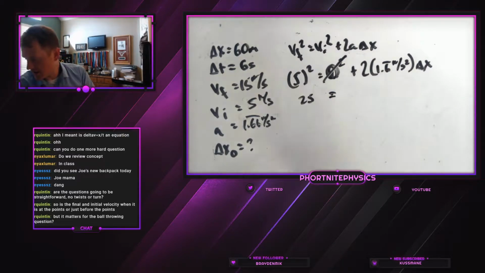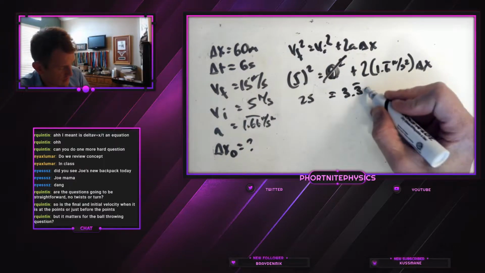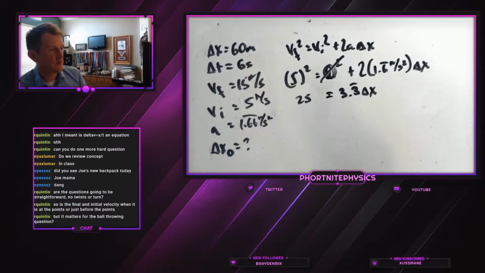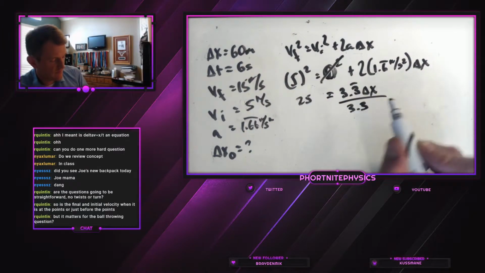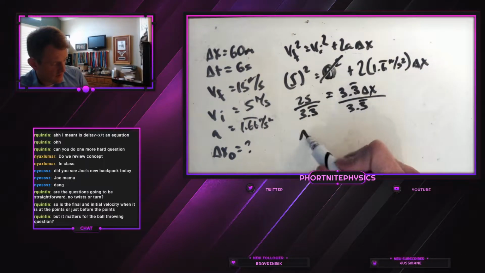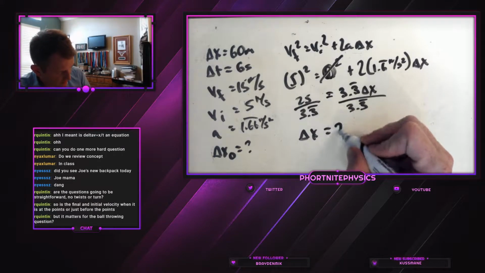And we have 3 1/3 delta x. That's what we've got right now. Then if we divide both sides by 3.3, we have delta x equals 7.5 meters.